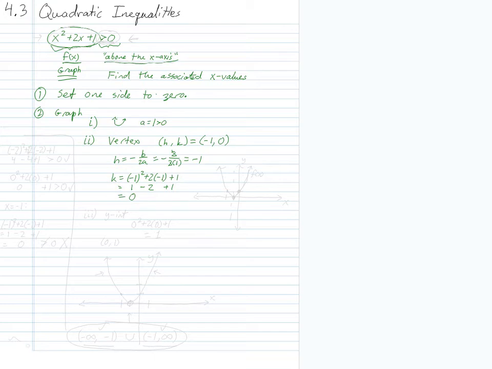Okay. So just to give a preliminary idea of what the graph of this parabola looks like, we've got our vertex at negative 1, 0, right there. This parabola opens upwards, so let me find the y-intercept as an additional data point.